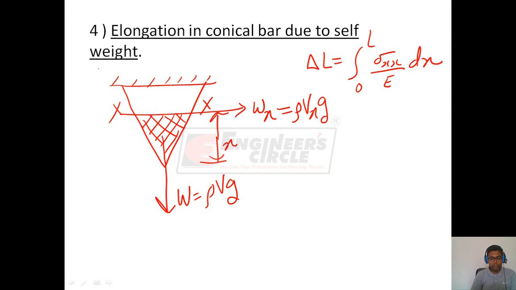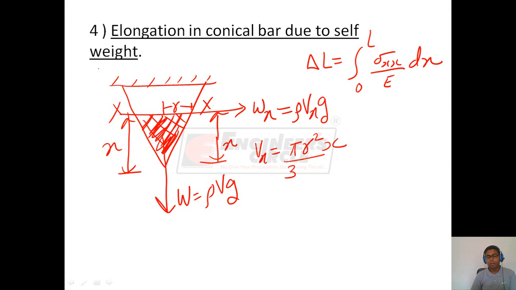This Vx can be written as the volume of this shaded cone, which will be pi r square by 3 into x. So this r is the radius at any location x and the length of this cone is x. So volume will be pi r square x by 3.